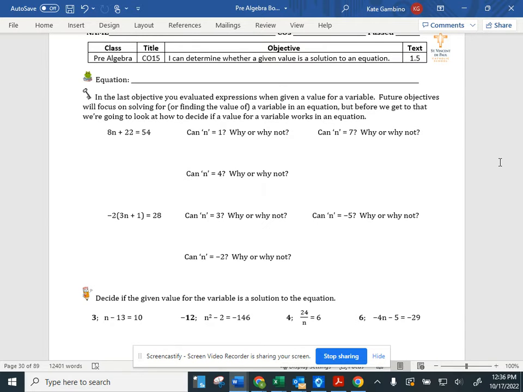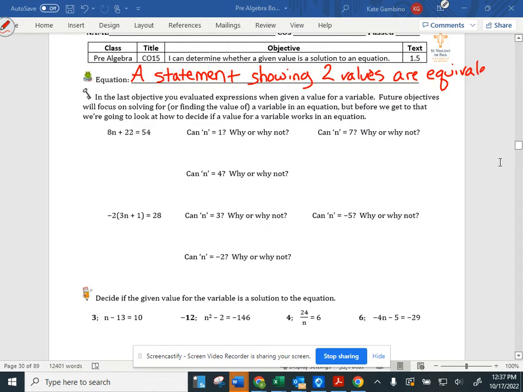So an equation is a statement showing two values are equivalent. So we're going to have that equal sign. One side of the equal sign equals the other side. They are equivalent. Both sides of the equal sign equal each other.